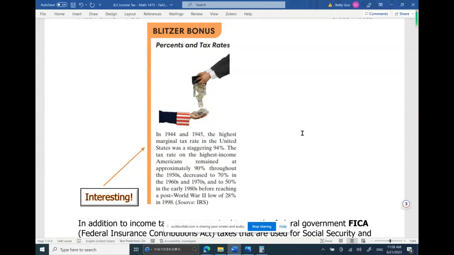The tax rate on the highest income Americans remained at approximately 90% throughout the 50s, decreased to 70% in the 60s and 70s, and to 50% in the early 80s, before reaching a post-World War II low of 28% in 1998. So that's the history of the tax rate. It's very, very high.